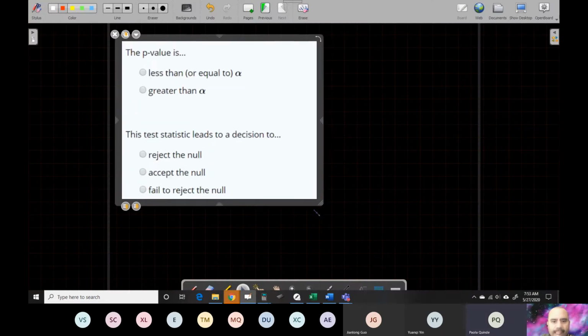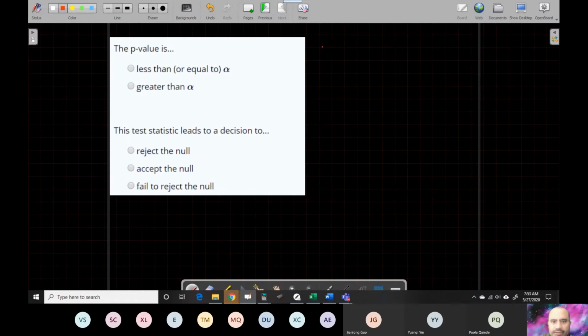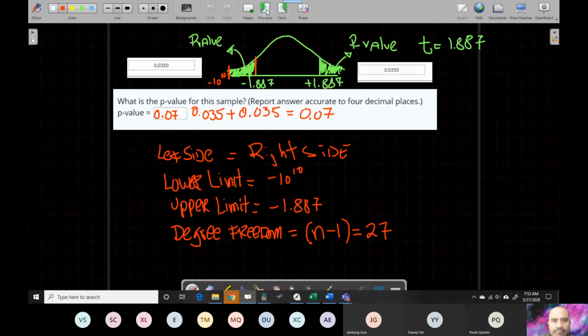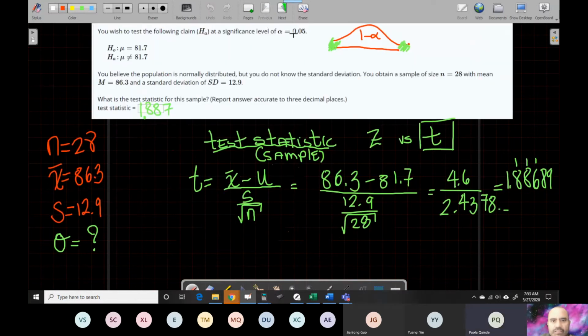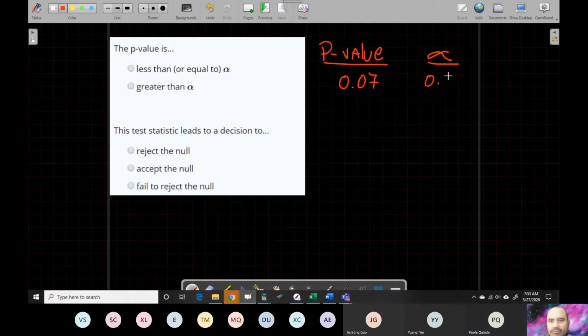Okay. All right. Now, we're going to have to write the p-value here. The p-value that we found is 0.07, right? And alpha, I don't know if you remember, they gave me alpha for this problem, and alpha was 0.05. So, is the p-value less than or equal to alpha?